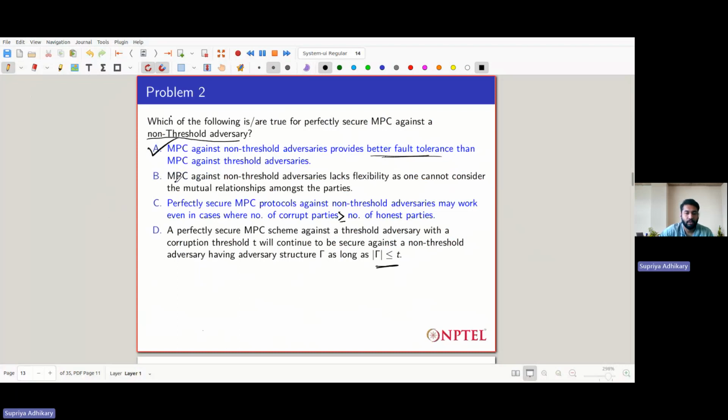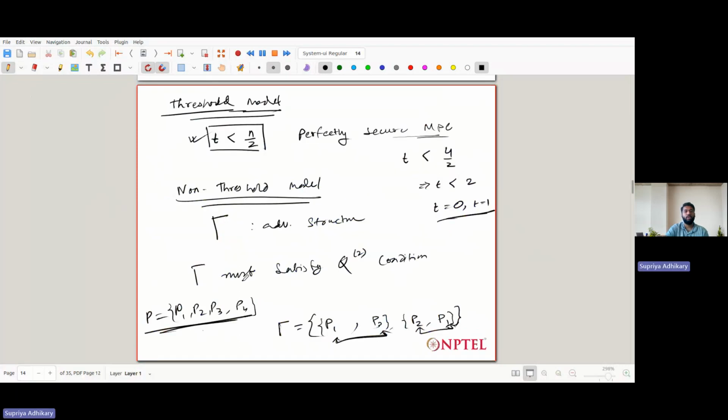The second one is that the MPC against non-threshold adversary lacks flexibility, as one cannot consider the mutual relationships amongst the parties. Well, this is also not true. The adversary structure is the one that defines the mutual relationship among the parties.